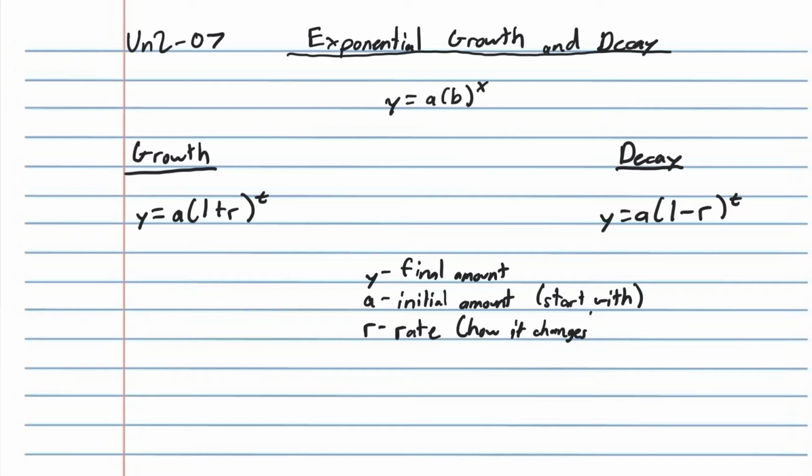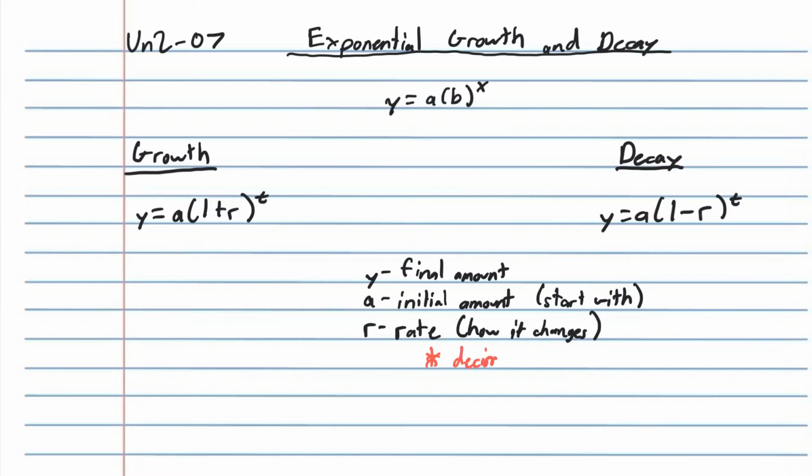There's a slight catch to this one that always throws students off. A lot of times questions will give you a percentage, like this thing is growing by 5%. If they give you a percentage, we need to change it to a decimal before we can do anything. So let's make a little note. When we're talking about r in this equation, it needs to be in the form of a decimal.